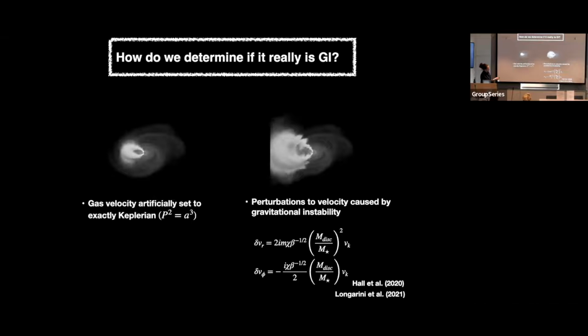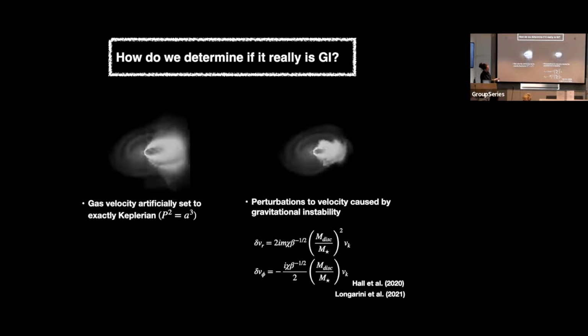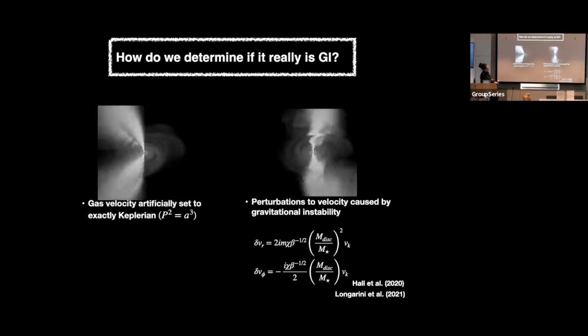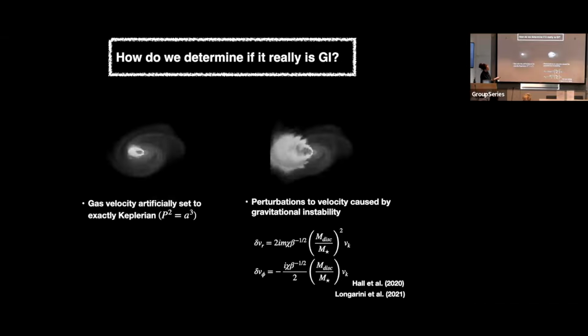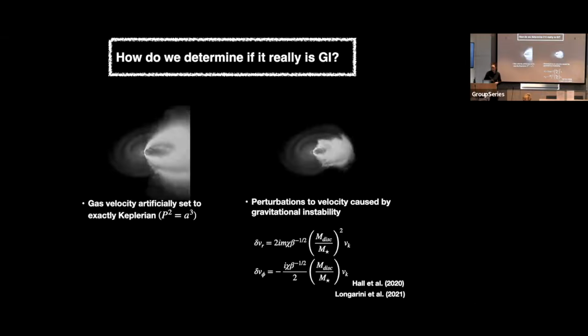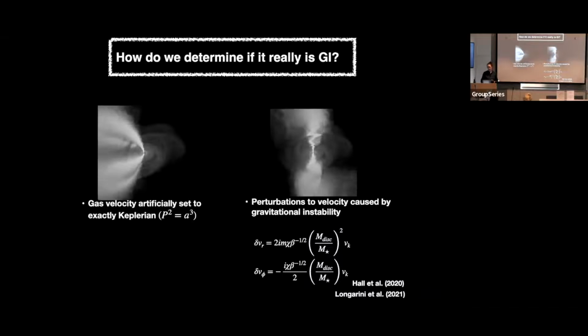The perturbations to the velocity distribution in the object caused by gravitational instability are very nicely analytically described by this work led by Longarini et al. in 2021. But you can see here this distinctive zigzag feature that is not present if the disk is exactly Keplerian. So this is kind of a smoking gun of gravitational instability.